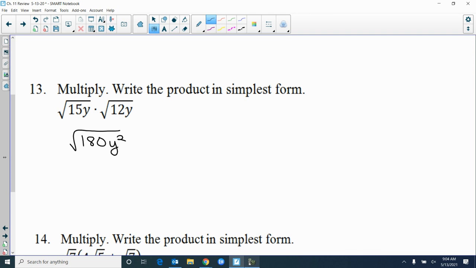Okay. Is this? Hold on a second. So y is like embedded in everything.